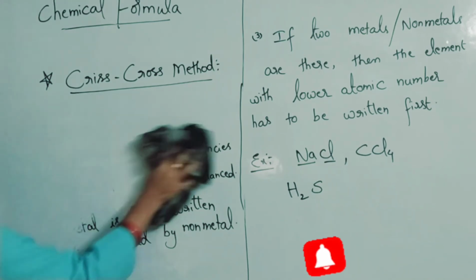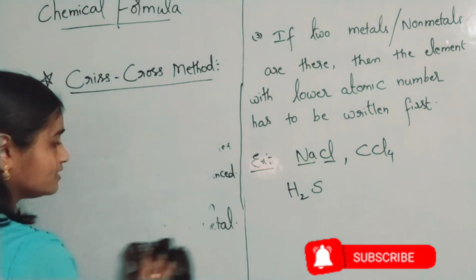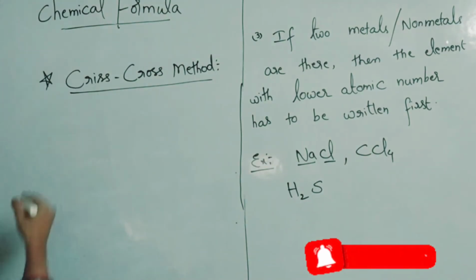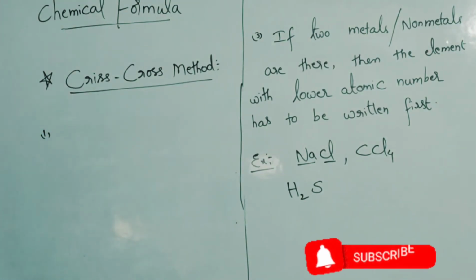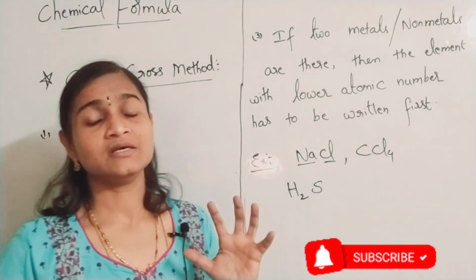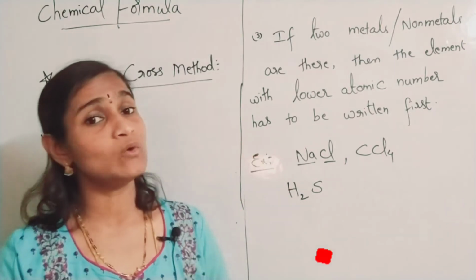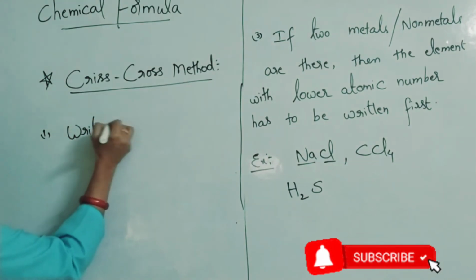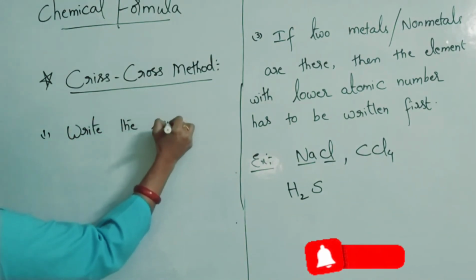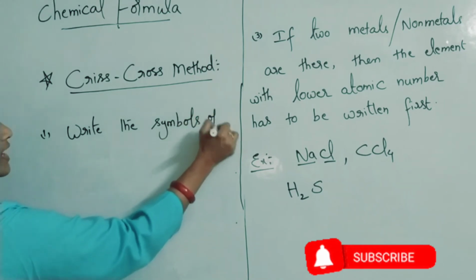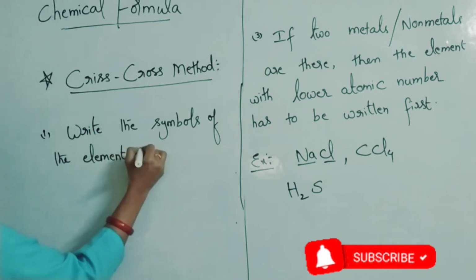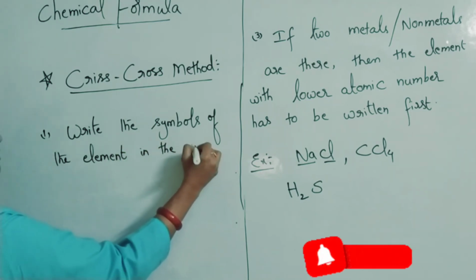In the name itself it is there. In this method, how you have to write the formula of a compound is, first you write the symbols of the elements which are present in the given compound.